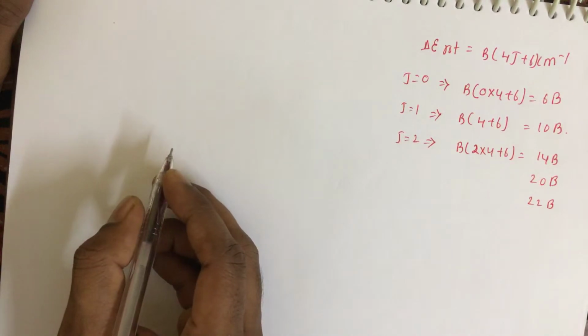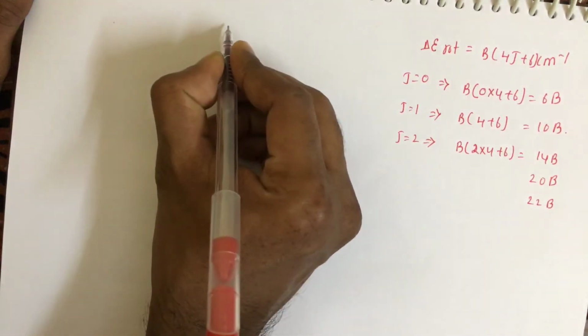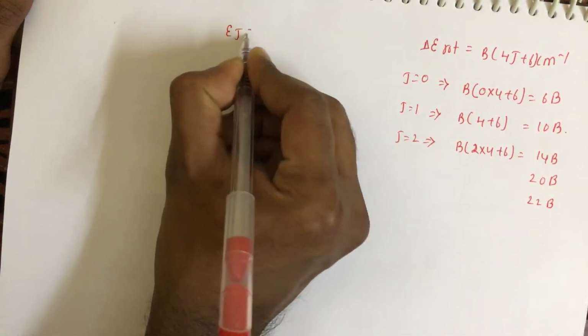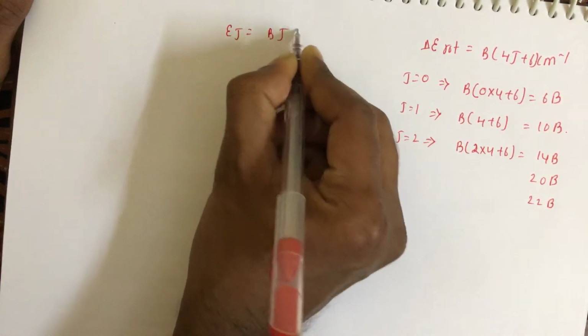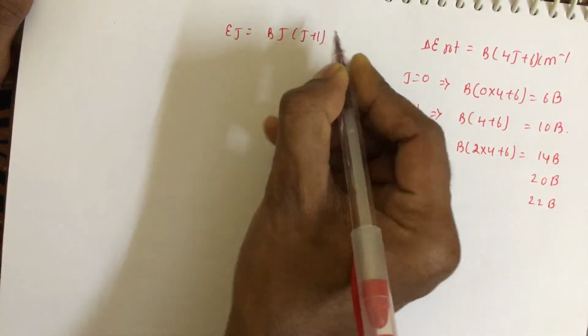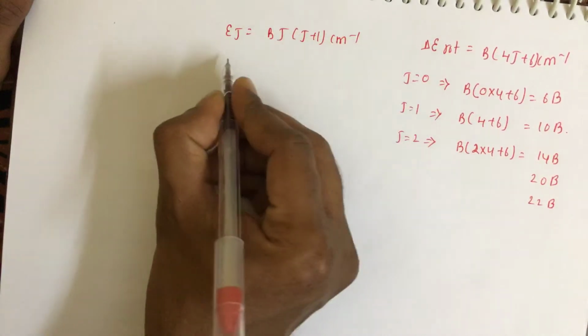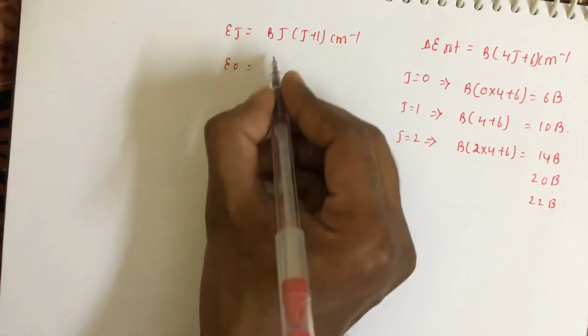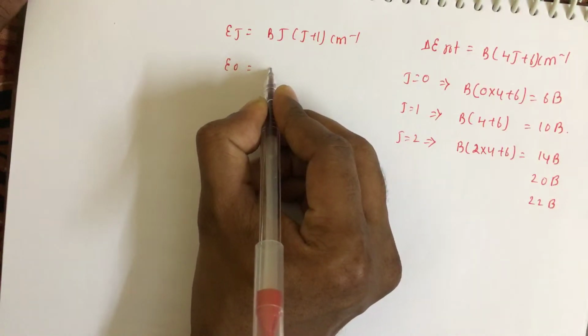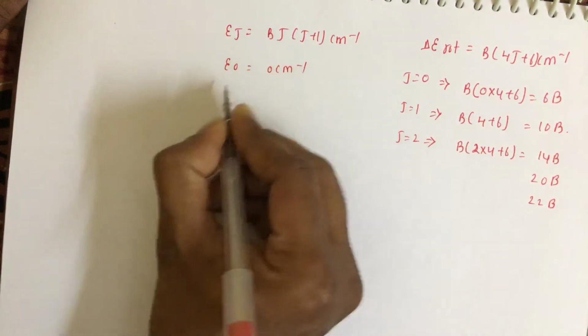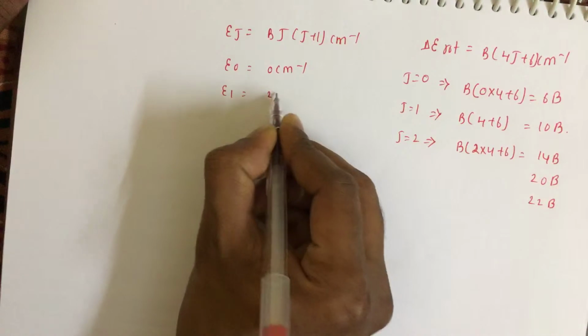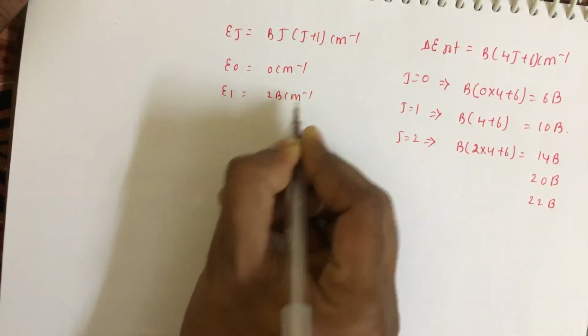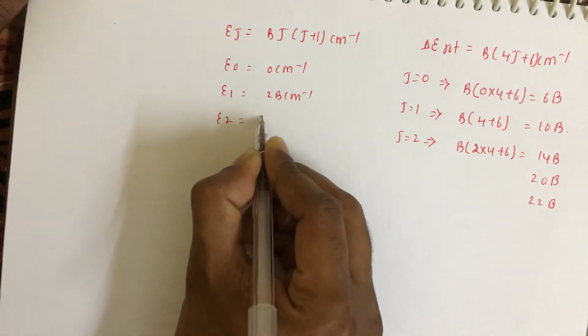Similarly we have another principle, that is E_J equals B J(J plus 1) centimeter inverse. When J equals 0, it will be 0 centimeter inverse. For E1 this will be 2B centimeter inverse. For E2 this will be 6B.